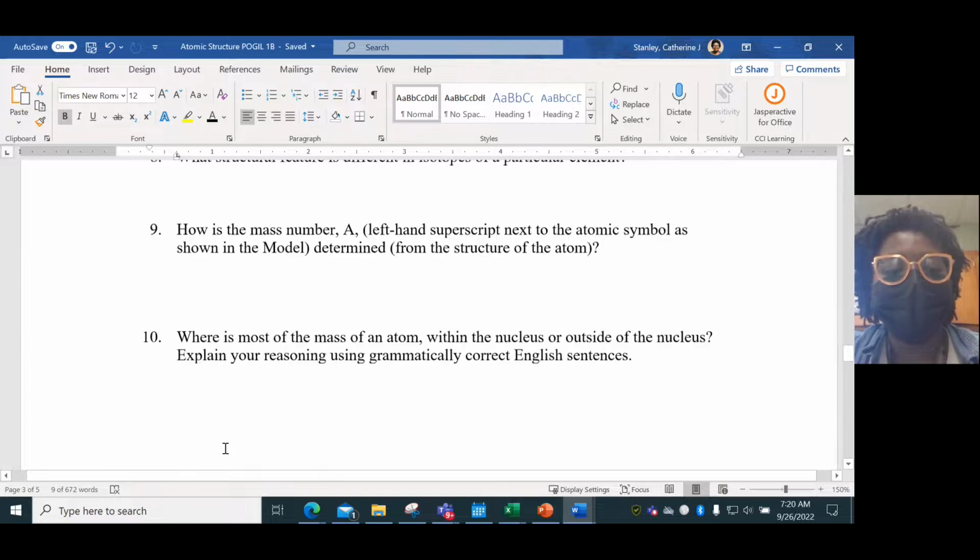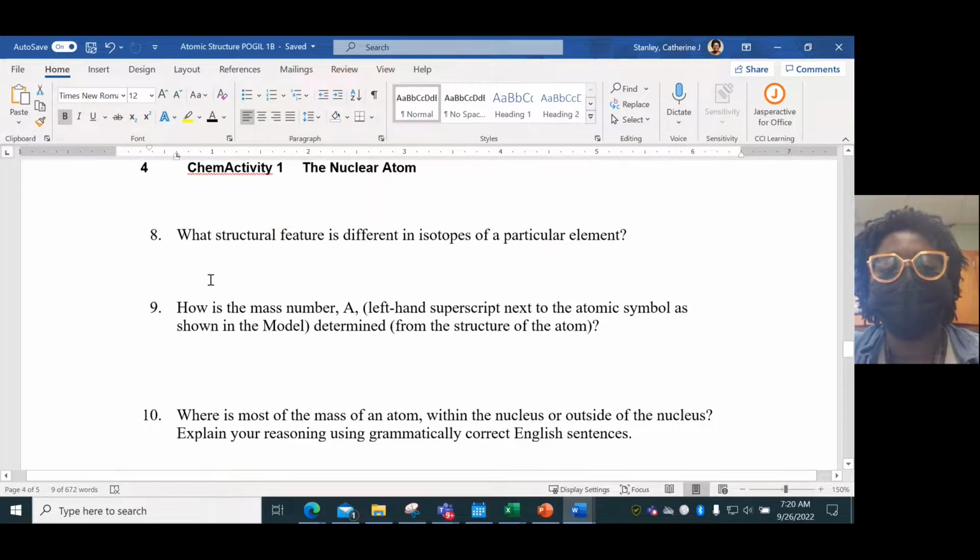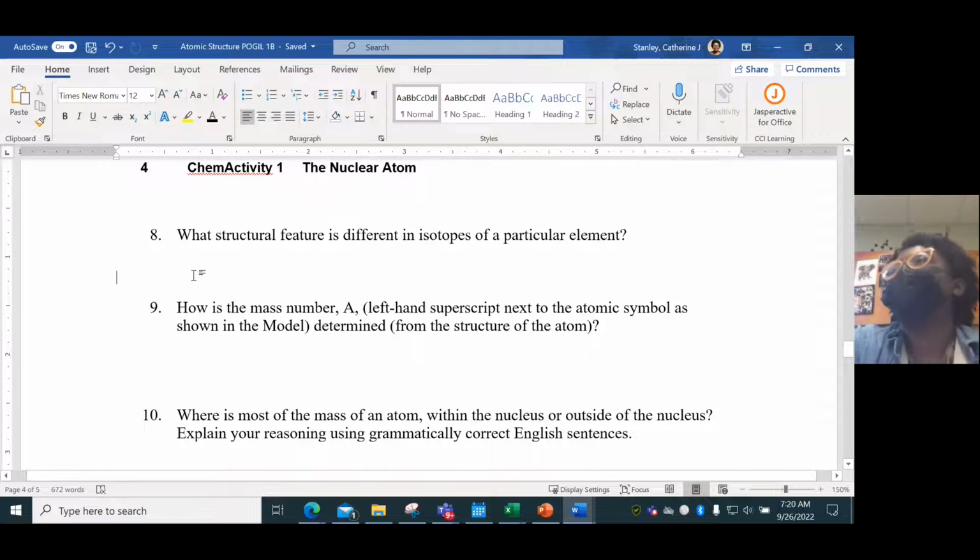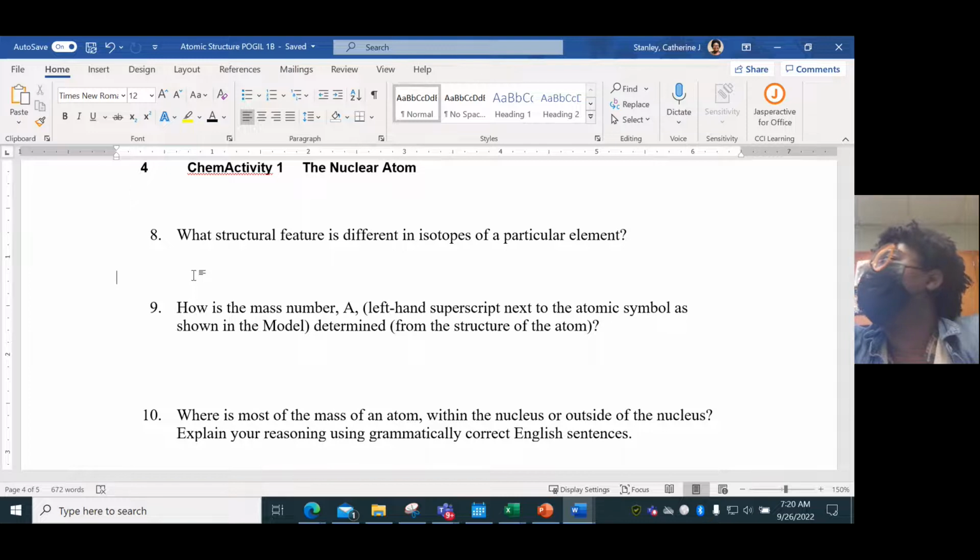All right, number 8. What structural feature is different in isotopes of a particular element? I'm going to start cold calling you, and it's going to get aggressive. I know you know the answer because you did your work, and I'm proud of you.